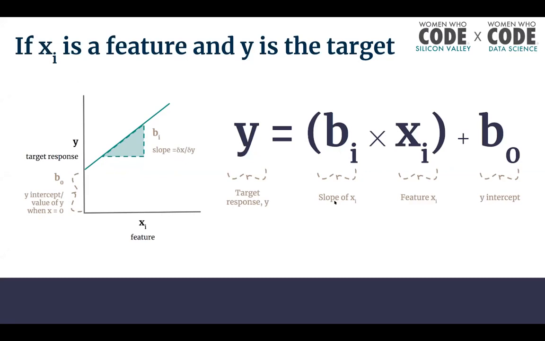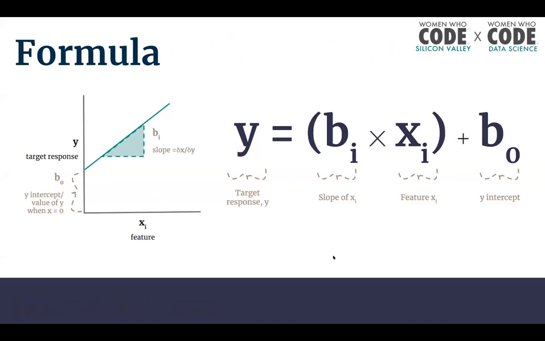So the slope of xi is going to be bi. And the intercept value is going to be renamed to b naught. So in the case where we have one feature, say this graph, and I have x1 here, this would be y is equal to b1 x1 plus b naught. So this is our final formula that we're going to be using when we have one input feature and one target response.